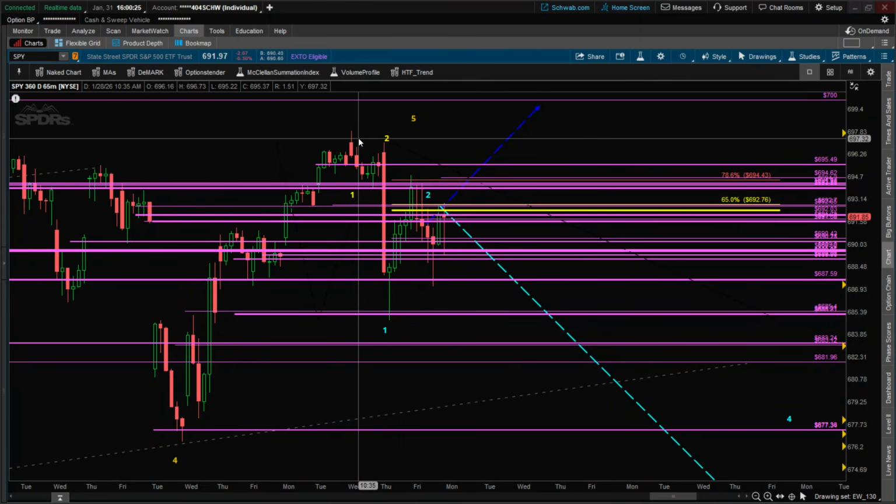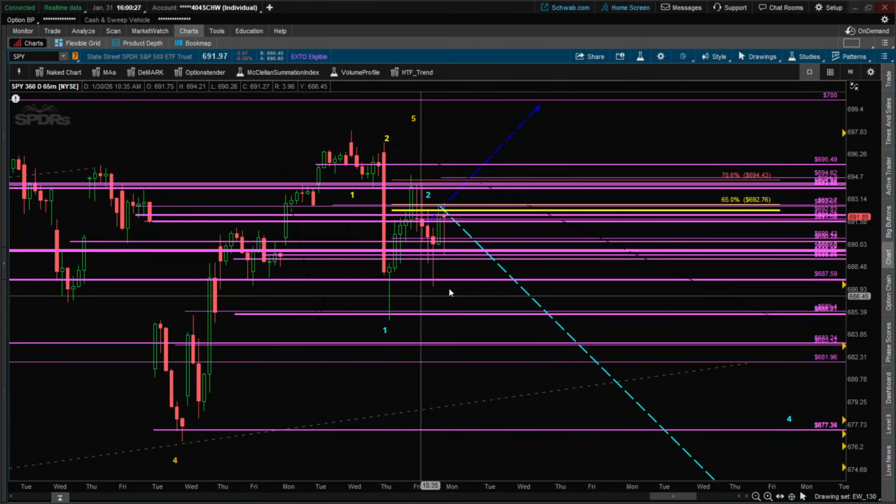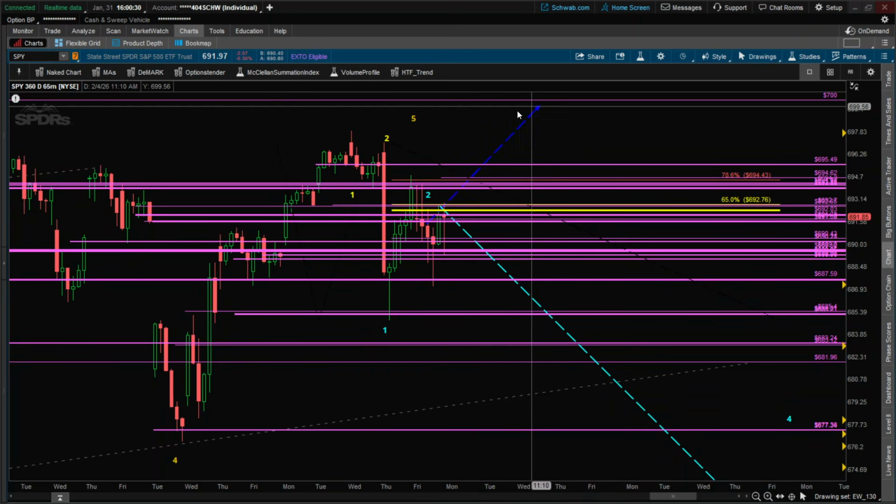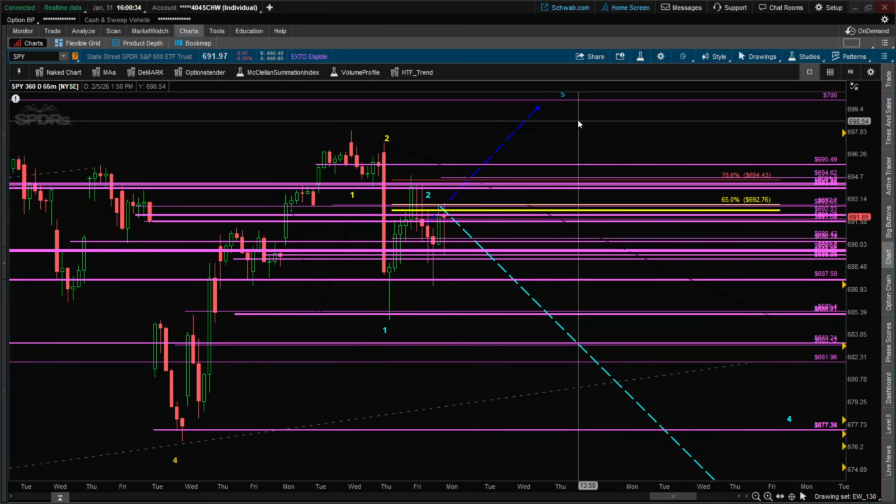And this is an A, B triangle, and then C to resolve the 5th of the 5th of the 5th of the 5th of the whatever degree, a very, very major top. If we break directly down from here, I think it's a 1, 2, 1, 2 setup.